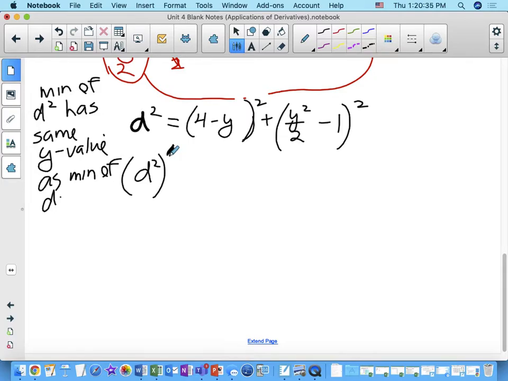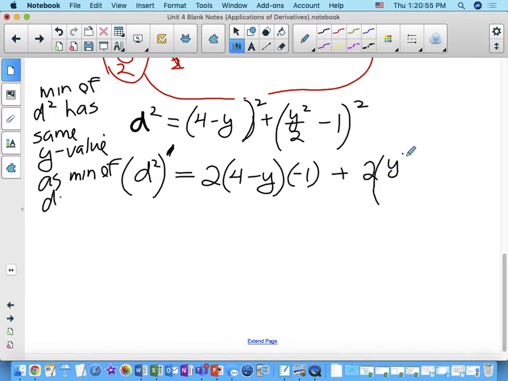So if we take the derivative of this, we're going to have 2 times (4 minus y) times negative 1, because this is a chain rule and the derivative of 4 minus y is negative 1, plus 2 times (y squared over 2 minus 1) times the derivative of this, which is 2y over 2. Actually these 2's cancel.